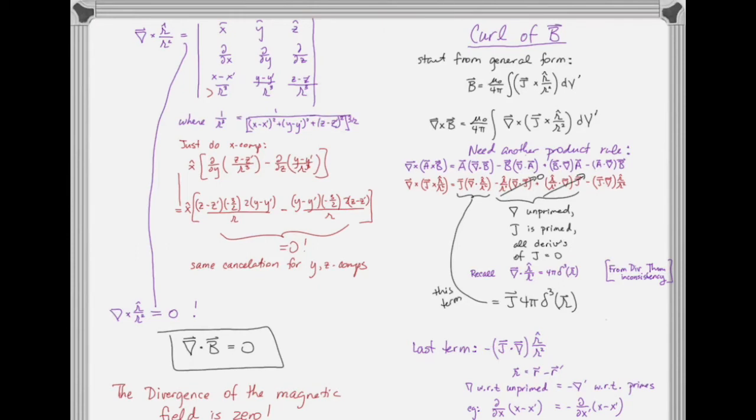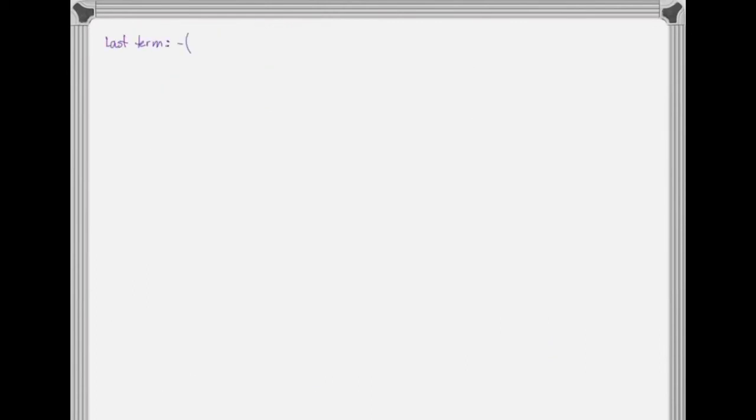Because the script r is r minus r prime, the primes have the minus sign with them, so if we just replace del with minus del in terms of the primes, then it will be the same thing. So I'm going to give a new notation, a del operator with a prime on it, which means what we were just talking about. I'm just going to switch the variable.